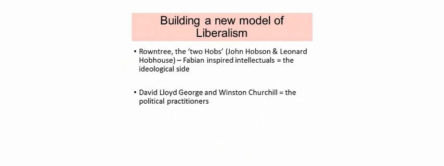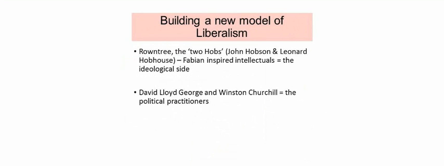What comes in, therefore, is there is a need for a new type of liberalism. Now there are two forces, one ideological and arguably slightly more pure, and one a bit more practical and a bit more political.